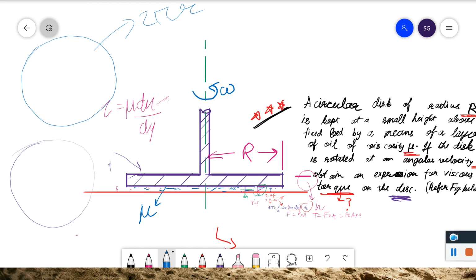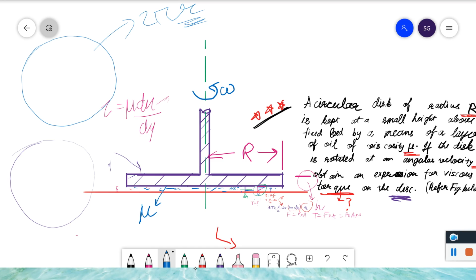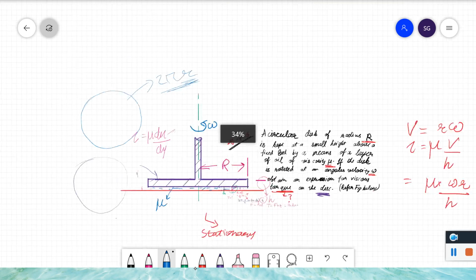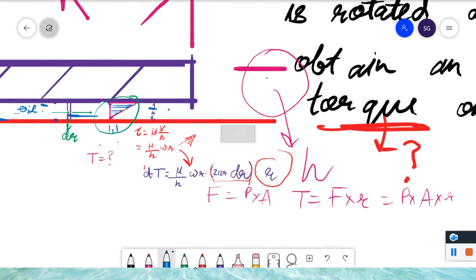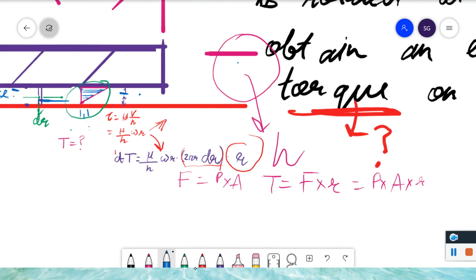But here we are considering r as a small strip. So this 2 pi r, now I will explain it, is nothing but area, that is mu upon h. This we have done. Then this 2 pi r dr.